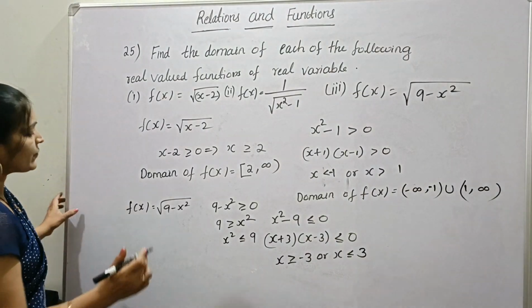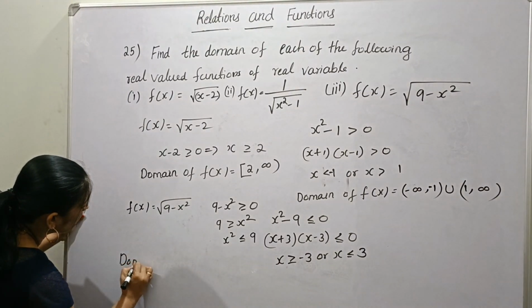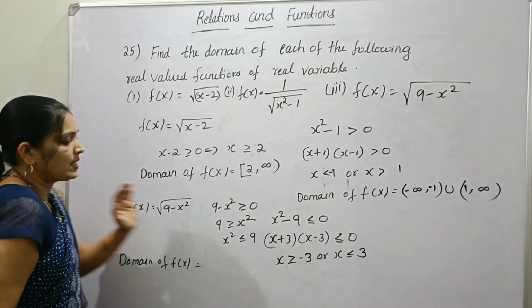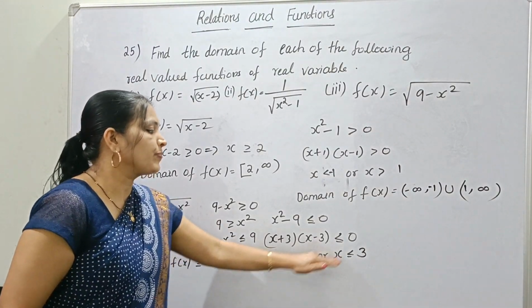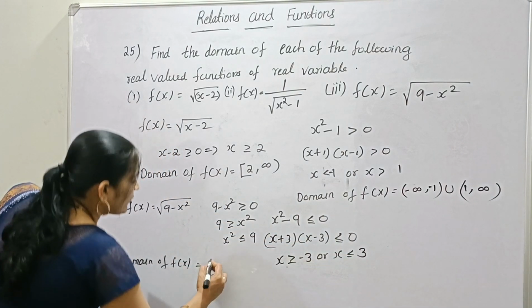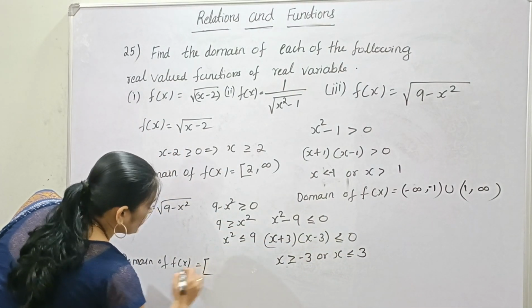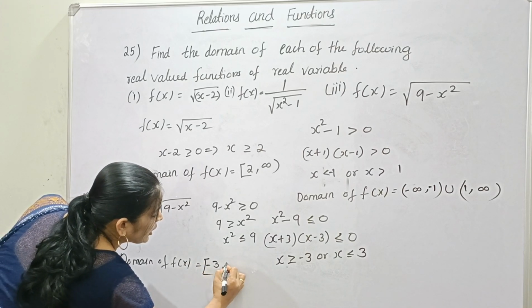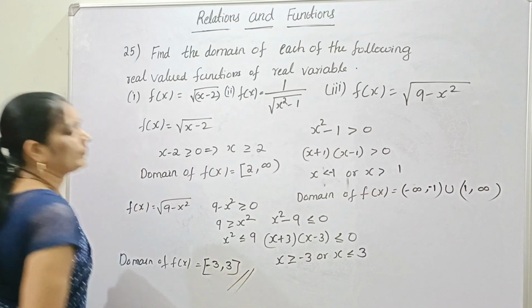Therefore, the domain of f of x is x greater than or equal to minus 3, x less than or equal to 3. Therefore, the domain of this function is the closed interval minus 3 to 3. That's all.